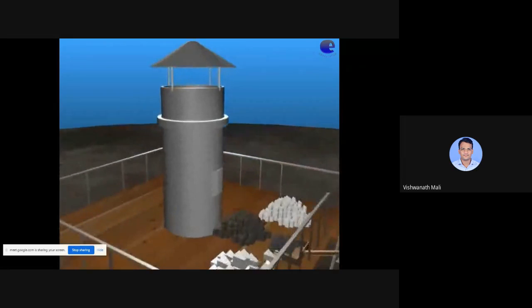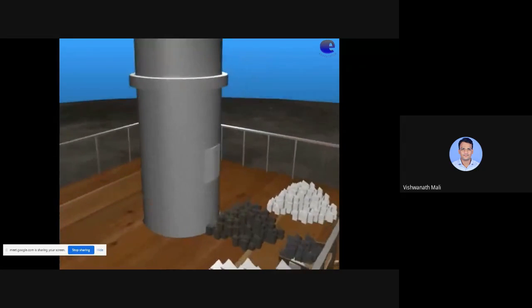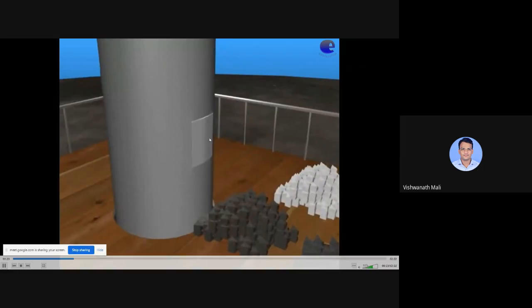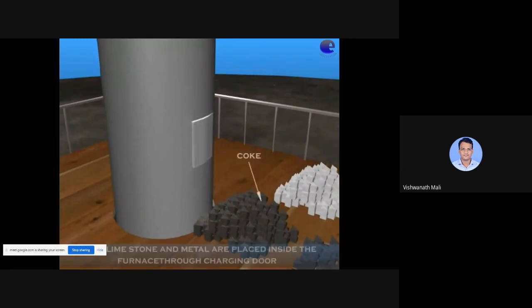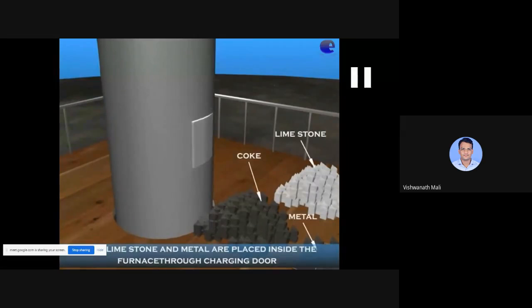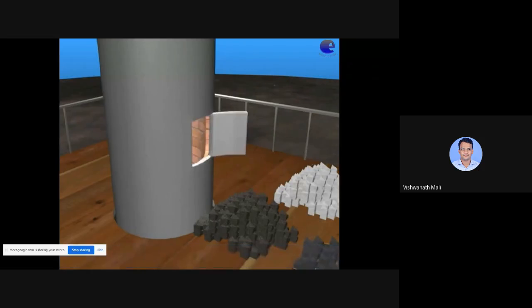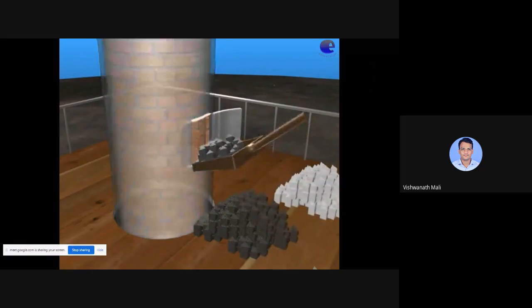So this is the floor from which we pour our charge. So this is the door, charging door, as I told you. So this is the coke, limestone, metal. So this depends on what composition we want. Depending on that, we charge this furnace. Okay. This is the charging door. We open the charging door whenever we want to charge this cupola furnace.